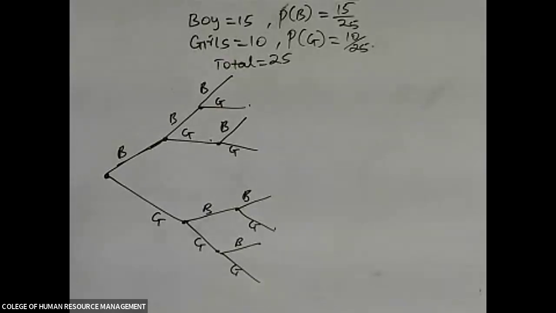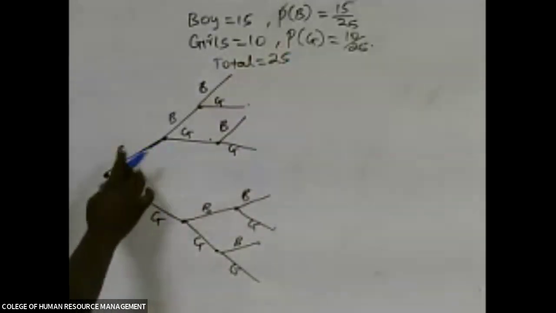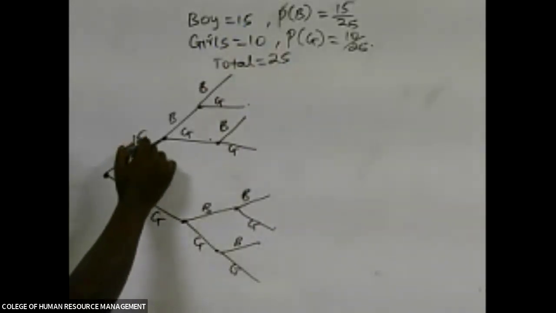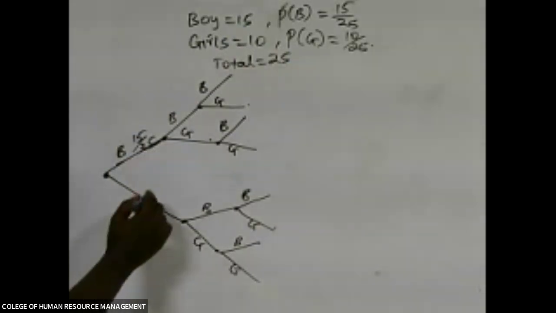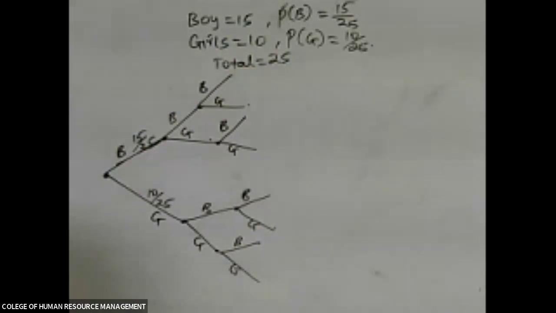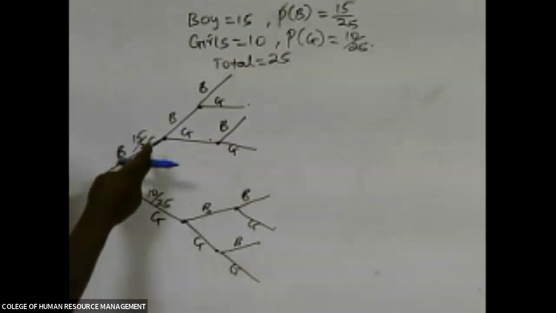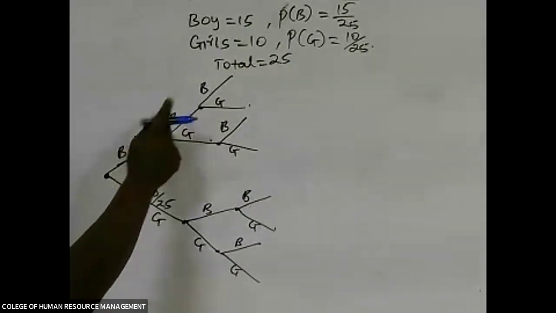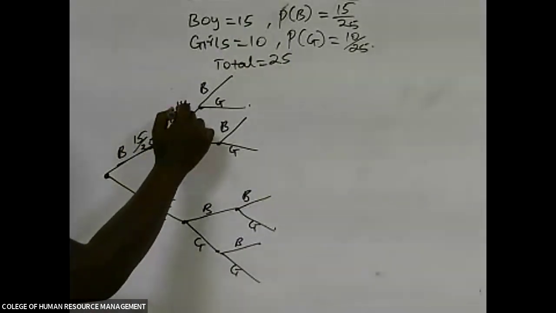Yeah? So remember, there are a total of 25. So when we are picking the first time, the boys are 15, so the probability is 15 over 25. The girls are 10, the probability is 10 over 25. When we are doing the first picking. Then you come here, if the first one who was picked was a boy, the second boy to be picked will have a probability of 14 out of 24.